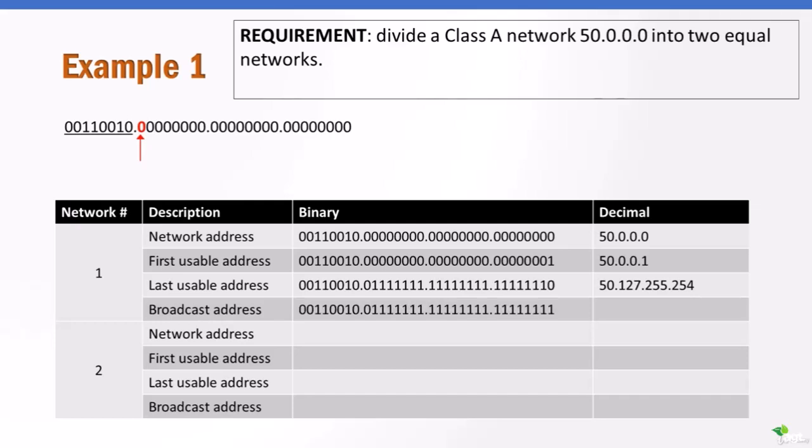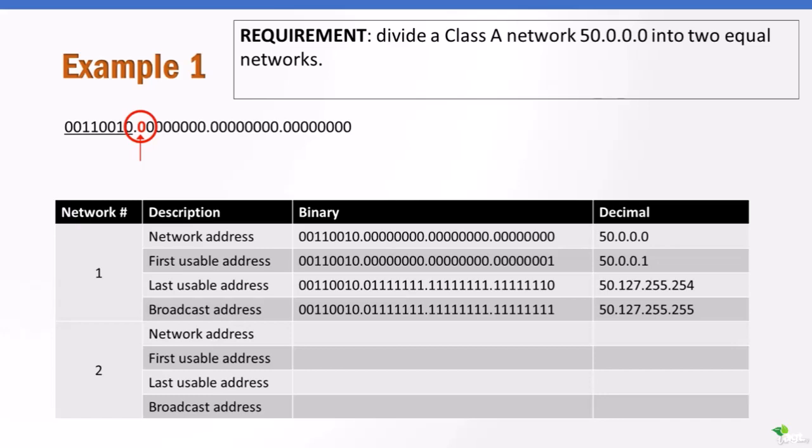The broadcast address is going to be, as I mentioned earlier, literally just the next IP address after the last usable IP address. And in decimal numbers, that's 50.127.255.255. For our second subnet, we're going to have to switch our 9th bit from 0 to 1.